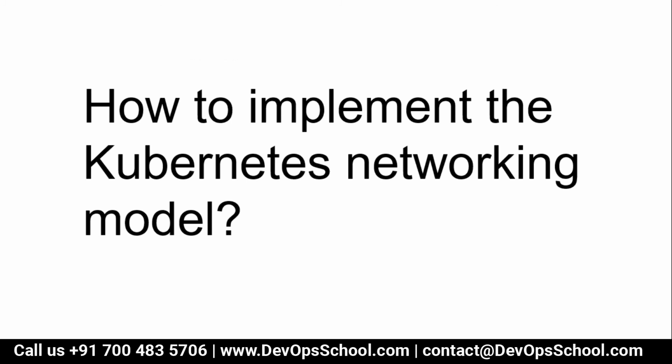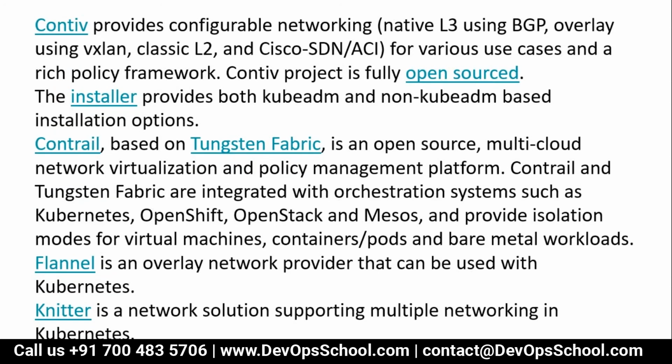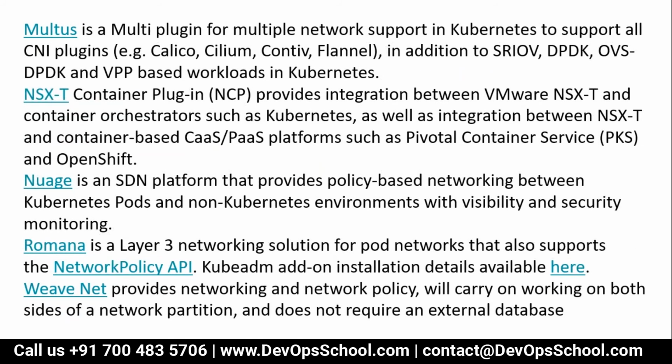So how to implement the Kubernetes networking model? Guys, these are the models which you can select, we call it model or policy, whatever you want to call it: ACI, Calico, Canal, Cilium, CNI-Genie, Contiv, Contrail, Flannel, Knitter, Multus, NSX-T, Romana, Weave Net.